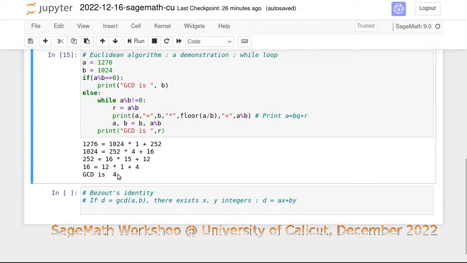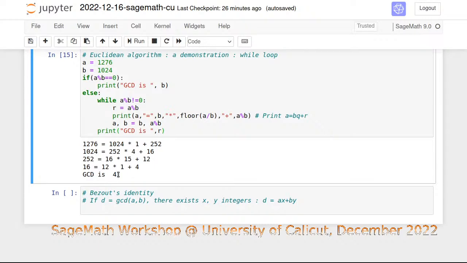That's how we find X and Y. It's not very complicated, but when working backward we may try to simplify things we are not supposed to simplify, because we want the final result in terms of 276 and 1024. We should not lose that.